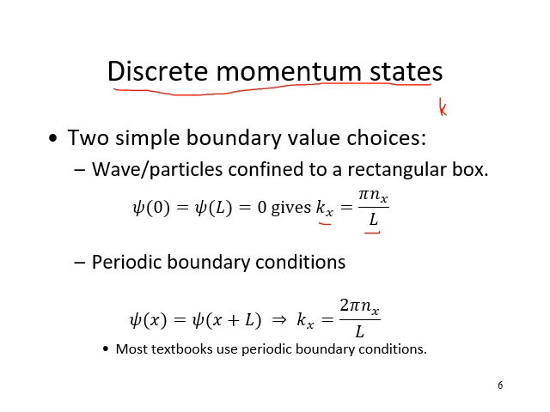Another boundary condition that is applied to systems like this, probably a little bit more ubiquitously than the boundary condition that goes to 0 at the boundary, is what are called periodic boundary conditions. That is, the wave function on one side of the box has to be the same as the wave function on the other side of the box.